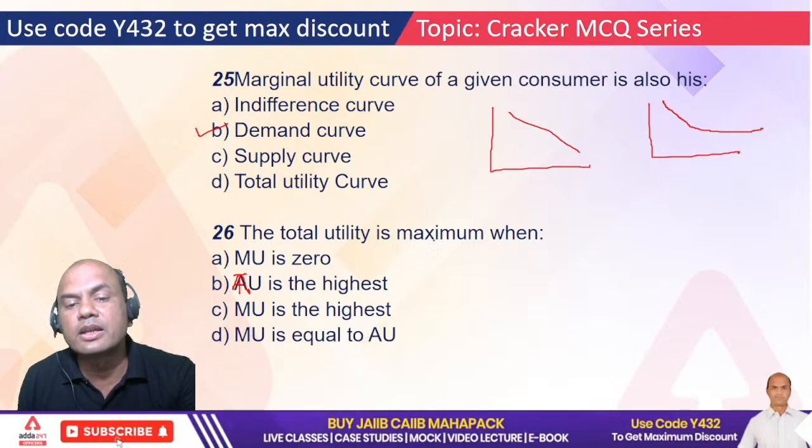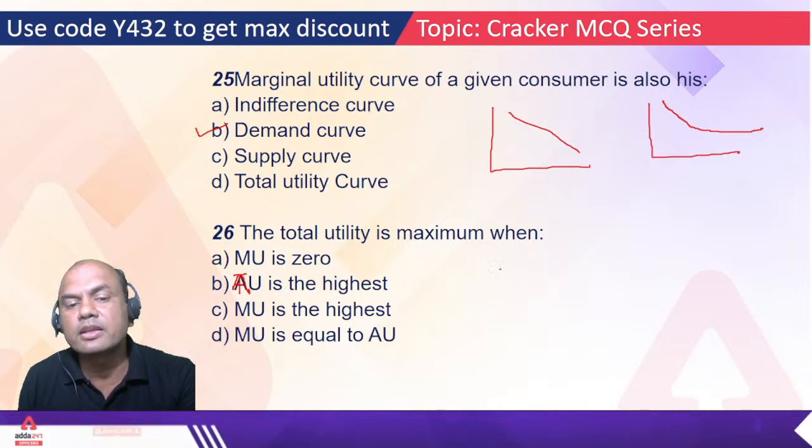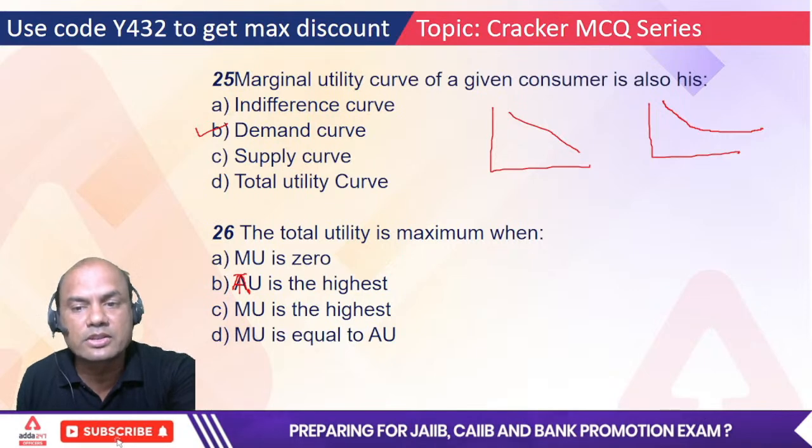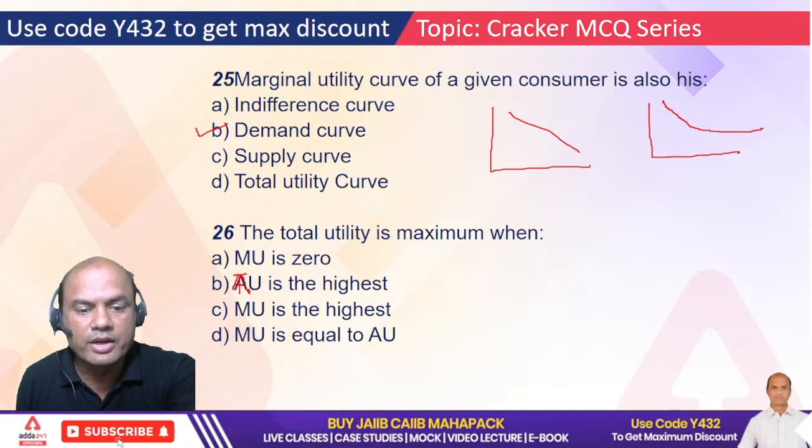AU means average utility, actually. So total utility is maximum when... you try it yourself first. In the meanwhile, I'll show you the answer also over here.